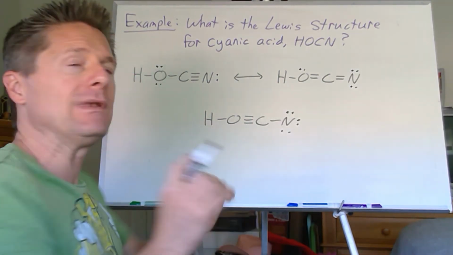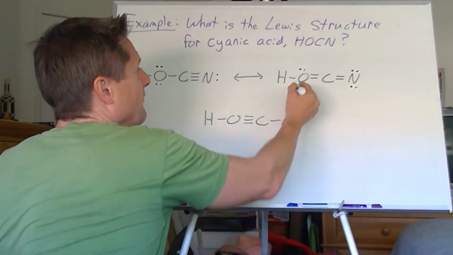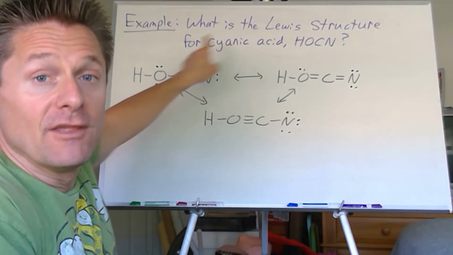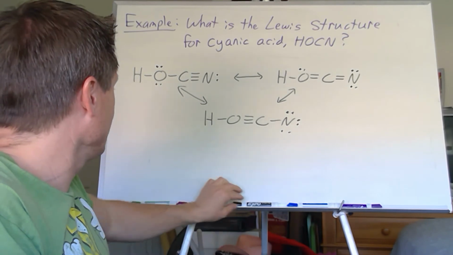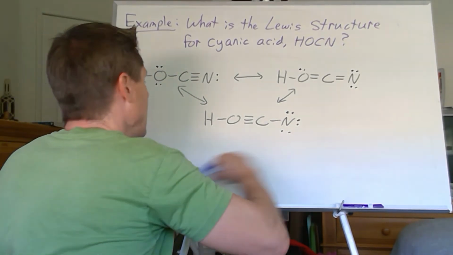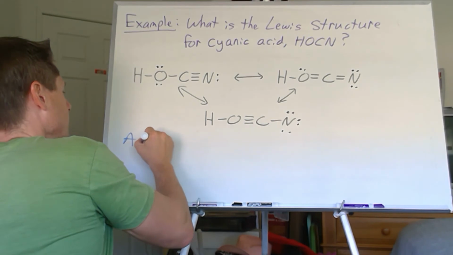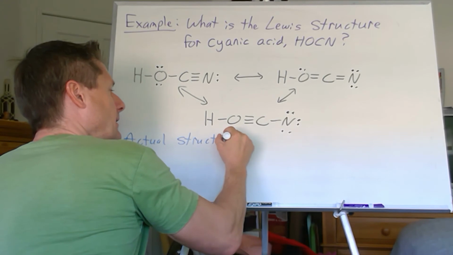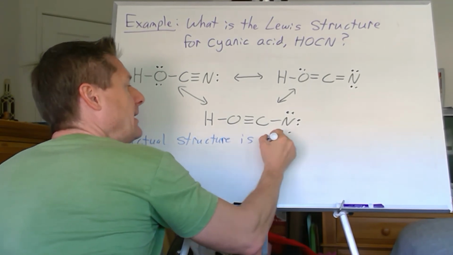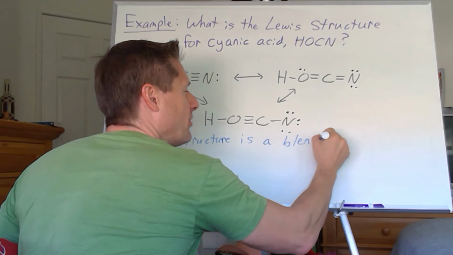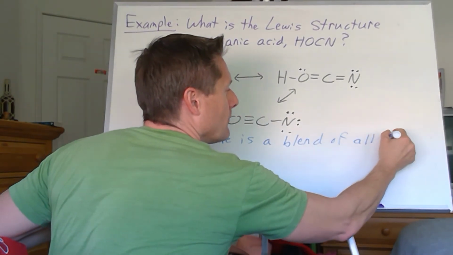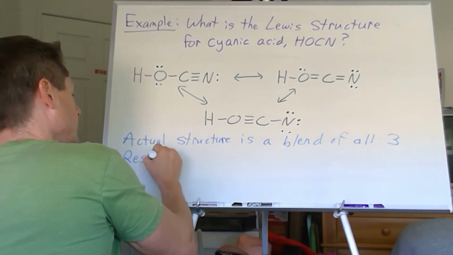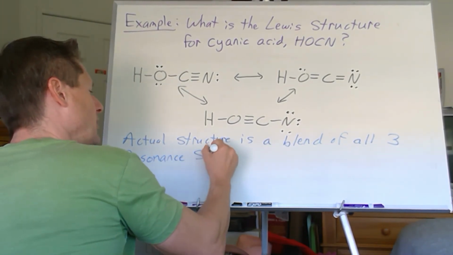Now when we did the carbonate, we just did the 3 across. But if you want to do something like this, the true structure is a blending of all 3. So let's write that down. The actual structure is a blend of all 3 resonance structures.